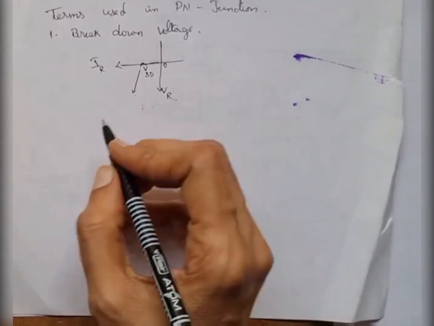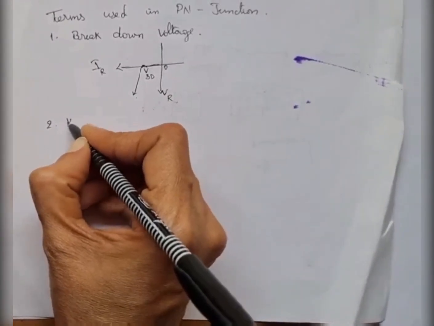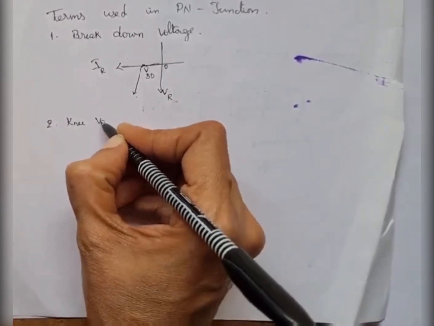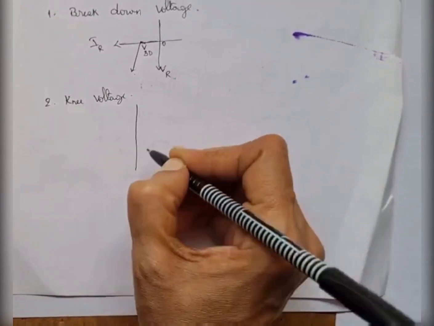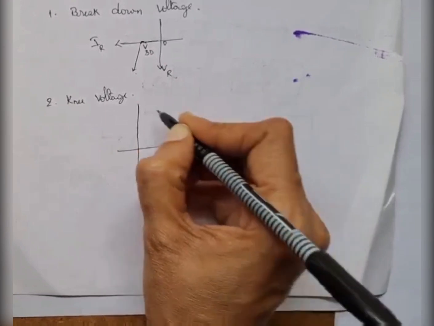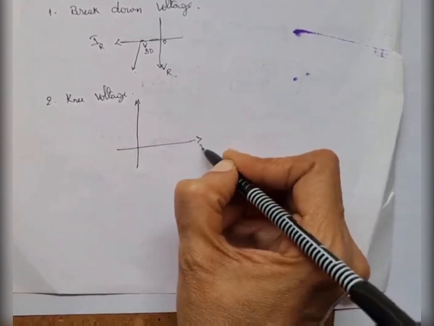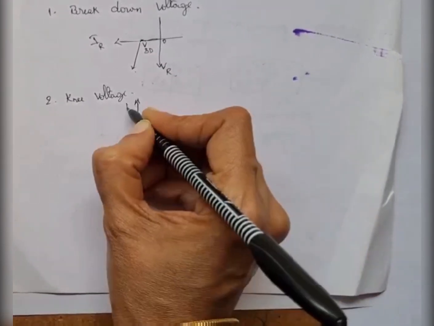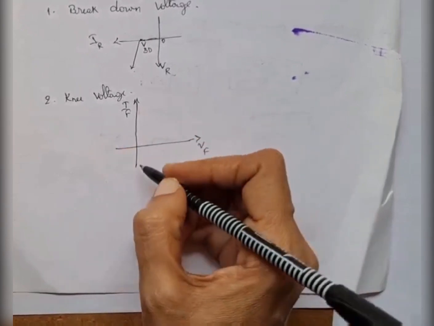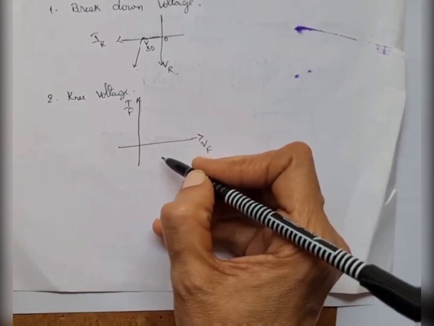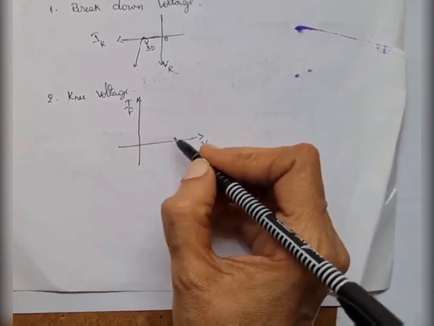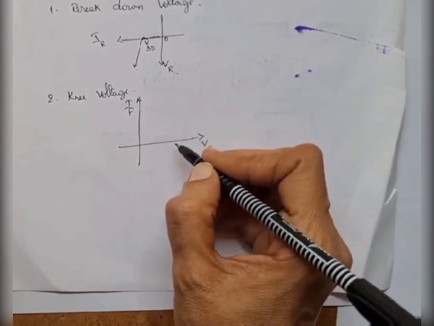The next term we are using is knee voltage. Knee voltage means here in a forward bias, V forward, I forward. In a forward bias PN junction, a very little current flows until the forward voltage exceeds the junction barrier potential.